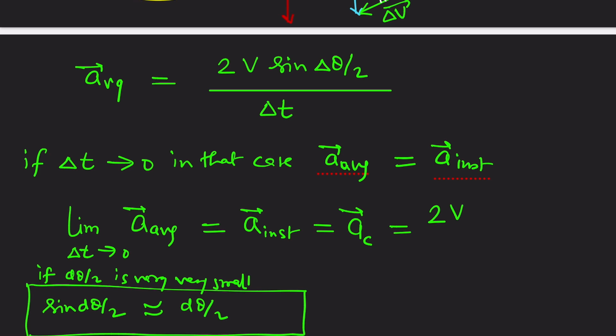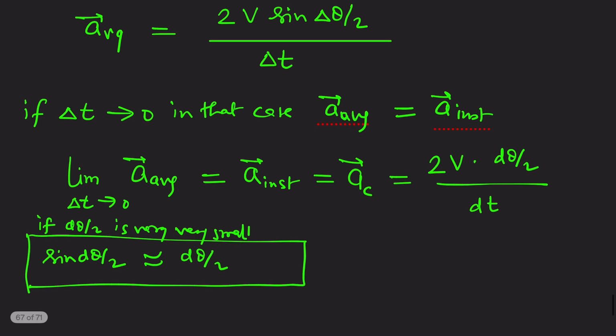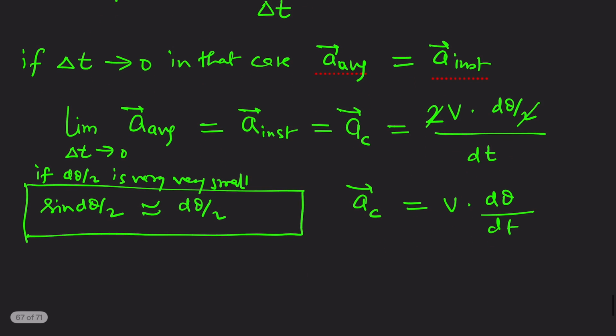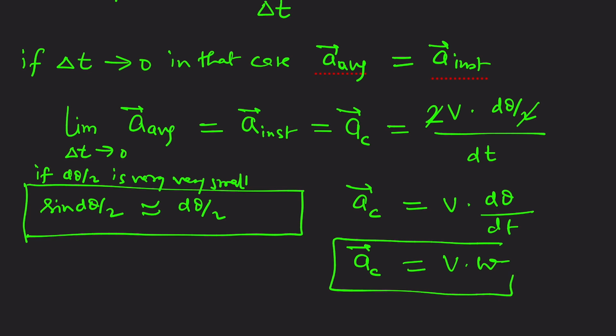If we put this approximation here, this can be written as d theta by 2 divided by dt, because the time we are taking is very small. So a centripetal will come as 2 cancelled out. What we got is v into d theta by dt, which is nothing but v into omega. So a centripetal is also coming v into omega.